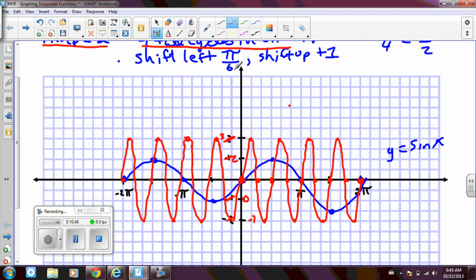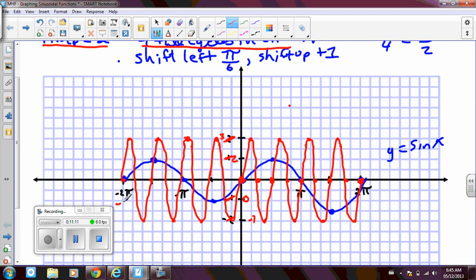Same sort of thing with the shifting left. Essentially, what was 0, we want to be at -π/6 now, and so we're subtracting π/6 from each of the existing indicators. So this is now, this was -12π/6. -2π is the same as -12π/6.